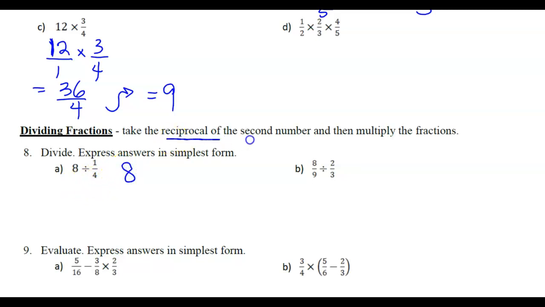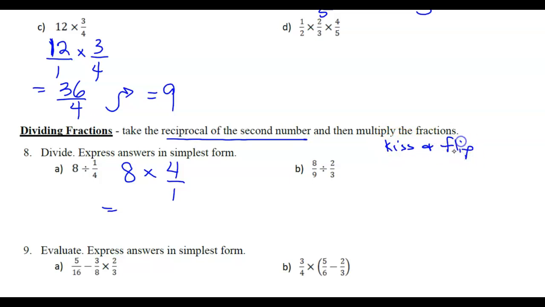So what happens here, again, is 8. You've got to take the reciprocal of the second number. That means you flip it. Flipping is the non-math word. And multiply, right? So back in junior high or middle school, they may have used the phrase kiss and flip.